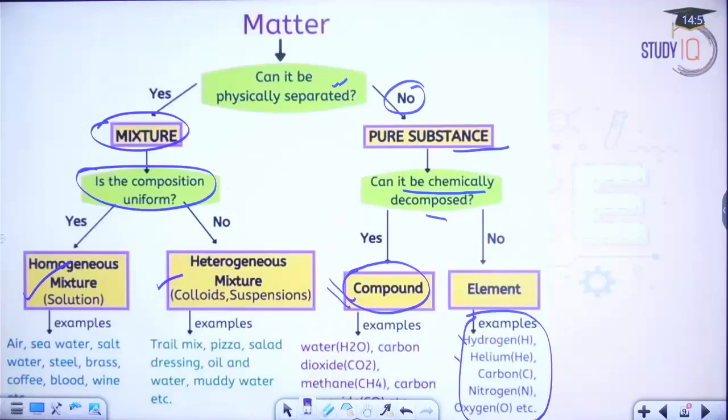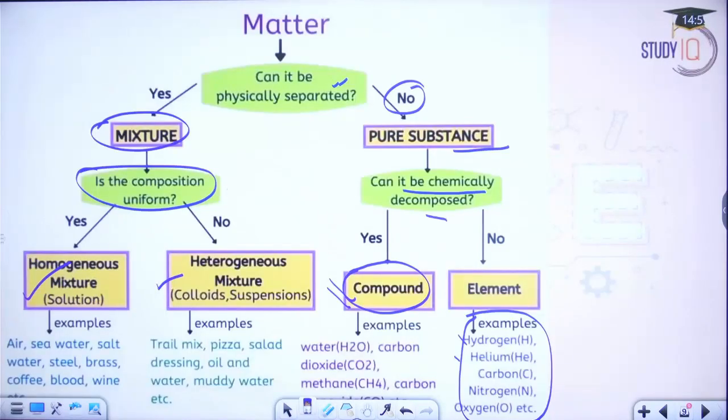These are the mixtures where the mixture is not uniform in nature. For example, the colloids or the suspensions are the best examples at the moment.